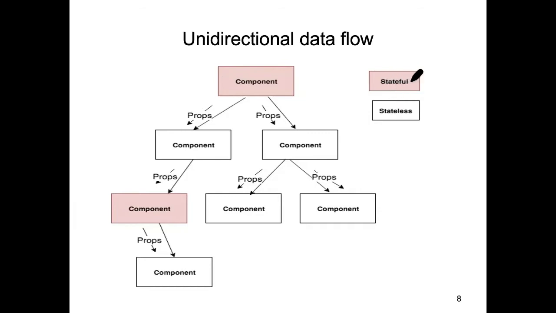I'm talking about stateful components and stateless components. A stateful component is a component that has at least one state variable defined within it. A stateless component is a component that doesn't have any state variables in it. So this is a stateful component. These two are stateless. This is stateful, and all the others are stateless.